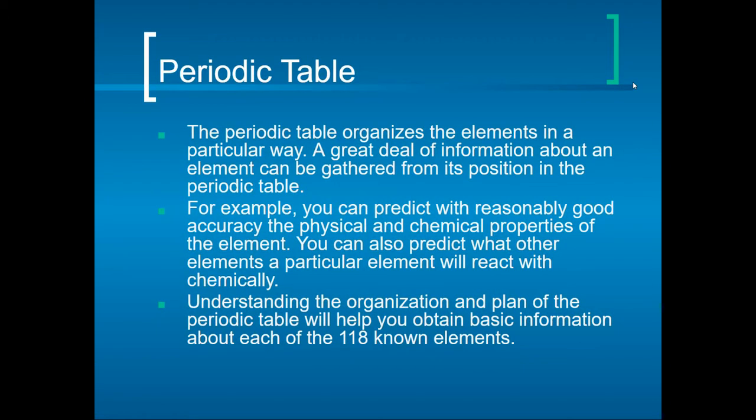All right, so the periodic table. The periodic table is a great tool if you know how to use it. It's a table that organizes elements based off certain characteristics. Number of protons. They put them in families that all react the same way. It increases by size and number of protons.